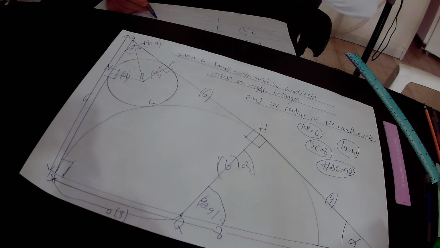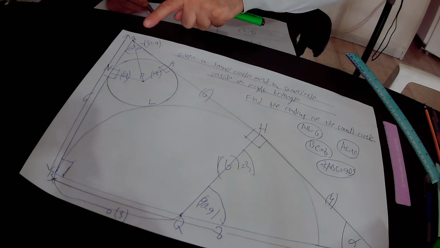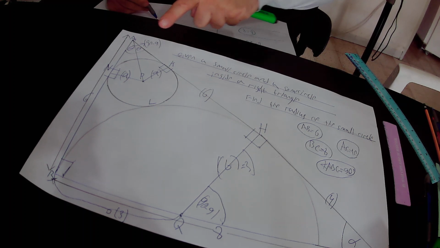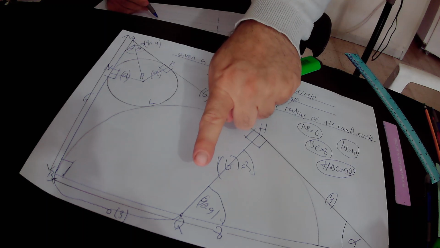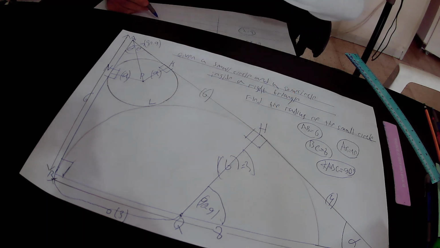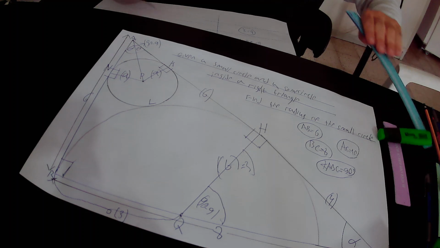So I will draw the angle bisector of angle A, and it of course passes through point A, and it must also pass through point Q, that is the center of this big semicircle, according to rule 15.